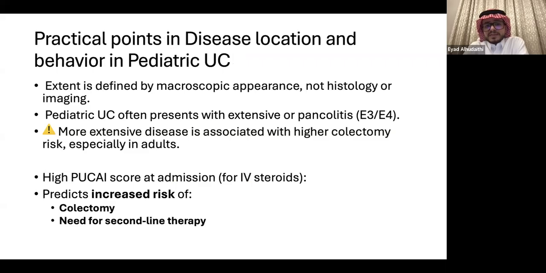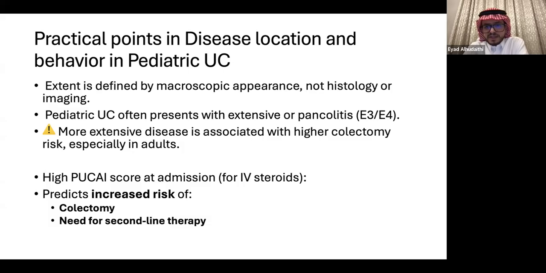So practical point again in disease location and behavior, but now in pediatric UC. Extent is defined by macroscopic appearance. When we say extent of the disease, it's when you do the scope, you don't have to wait for the histology or imaging. Pediatric UC often presents with extensive or pancolitis.